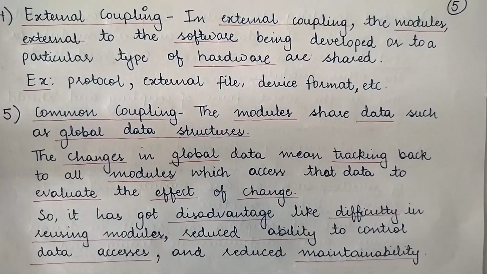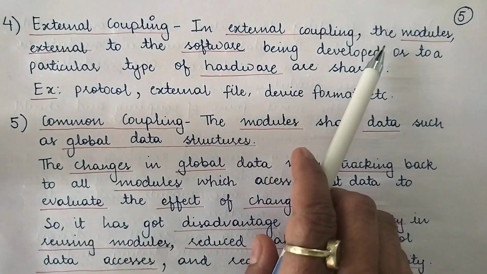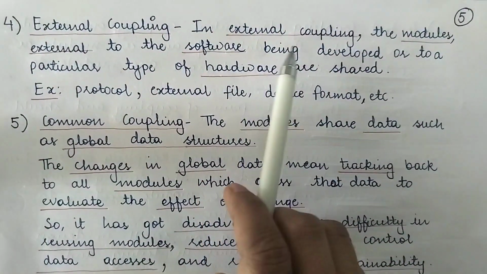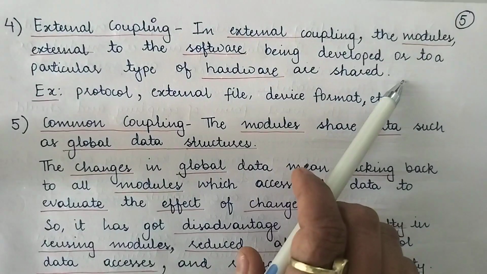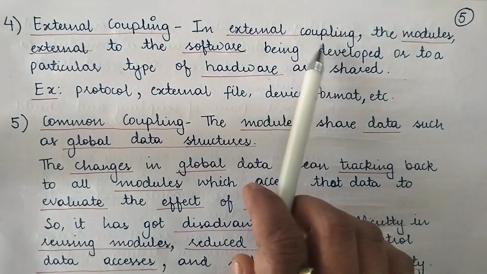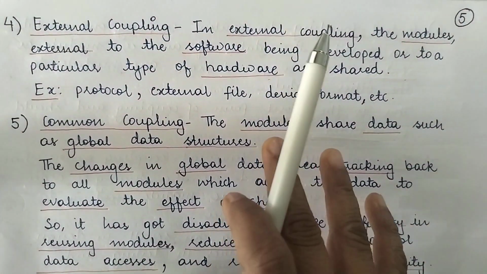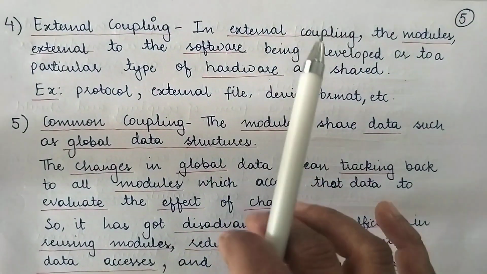The next kind of coupling is external coupling. In external coupling, the modules external to the software being developed or to a particular type of hardware are shared. That means the modules which are not internal to the software. Modules which are internal to the software are the ones specifically made for that software.